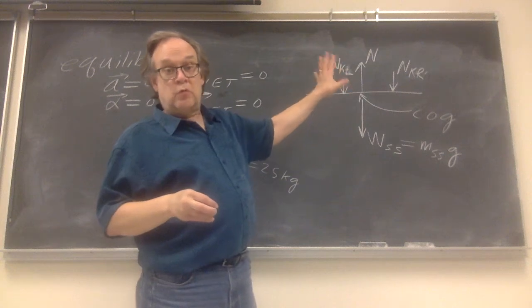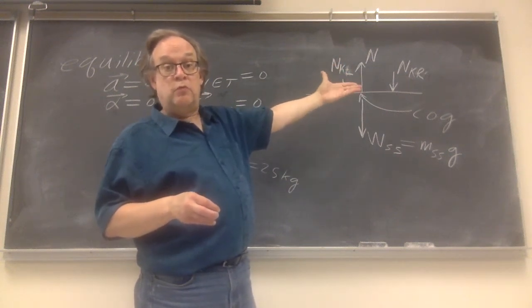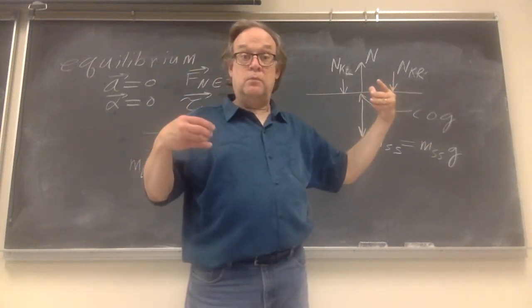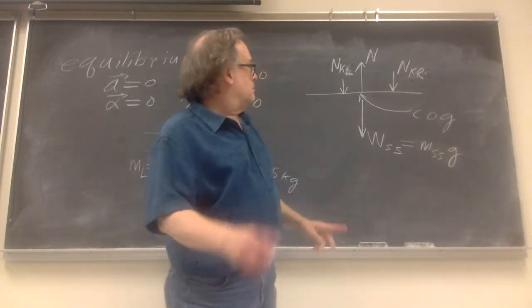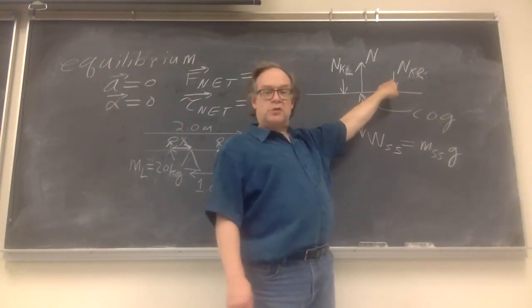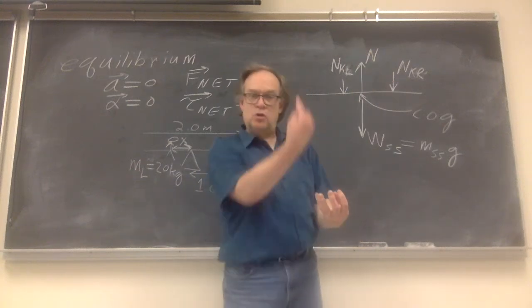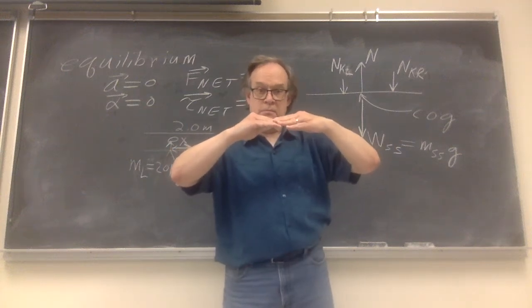Remember, those are normal forces, not weights, but the strength of those normal forces, the magnitude of those normal forces, is just equal to the weight of the kid. Think of it this way. There's 2 forces on the kid, kid's weight and normal force pushing up, but the kid is just sitting still.